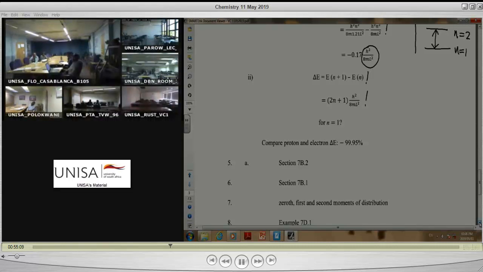So that is the general expression you use for the energy difference between adjacent energy levels in a one-dimensional box, confined to move along a single dimension. So what does this mean?